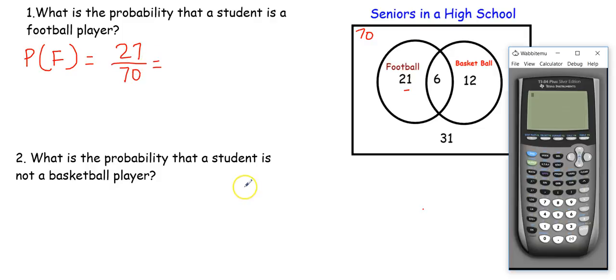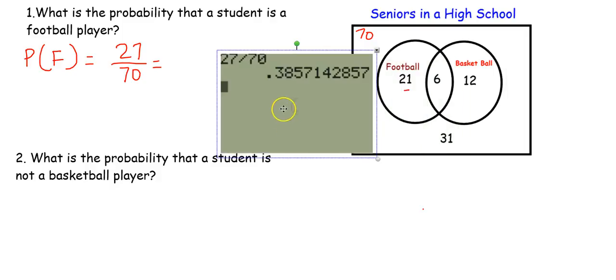So now using calculator, we have 27. Let me enter 27 divided by 70 is equal to, we have here 0.3857. Let me write it.